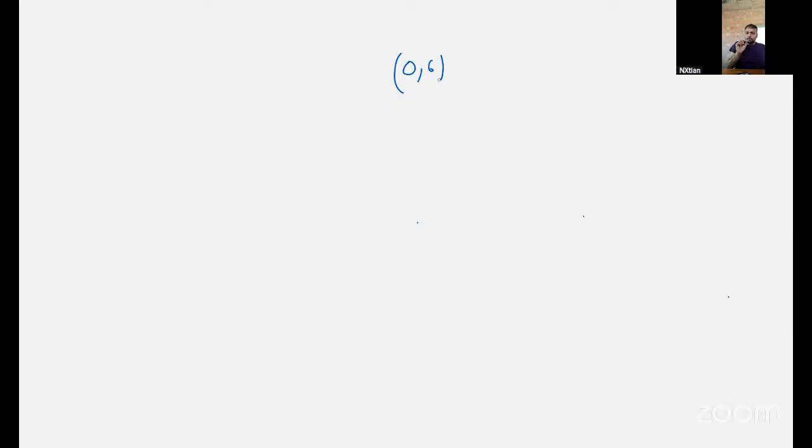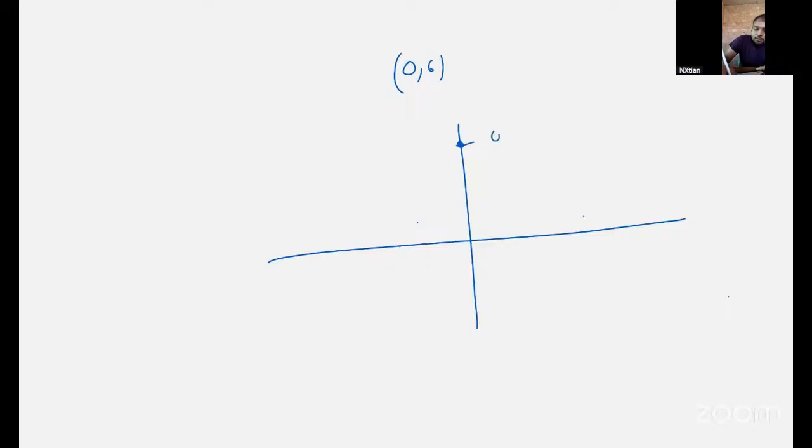So just go to the origin point where the plus is forming, then go to the y-axis. And when you go to the y-axis, you will find that it is 0 comma 6. So it's gonna look like this. Like here, this will be the 0 comma 6. Why? Because x is 0 and y is 6.